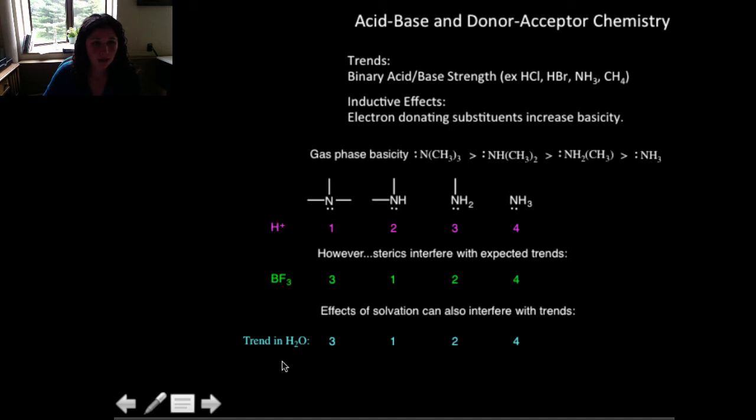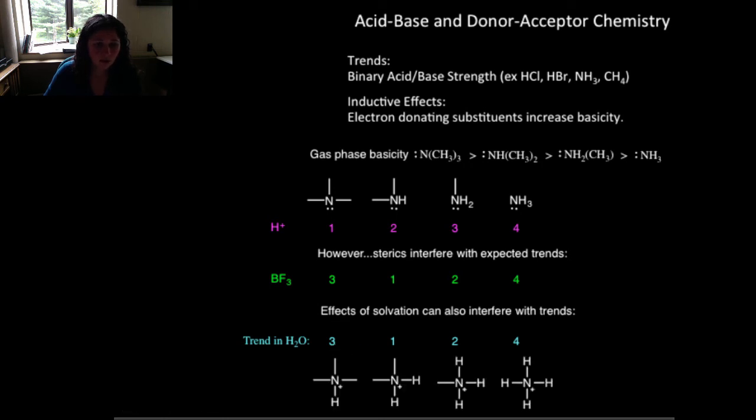instead of the gas phase, you've also changed the trend that you would expect based on inductive effects alone. Again, here you've got this trimethylamine being much less basic than you would have expected, and the reason for this is because of solvation. If you look at the conjugate acids of those bases, down here the ammonia, or the ammonium ion, can be solvated very well because it has 4 different hydrogens that can hydrogen bond with water.